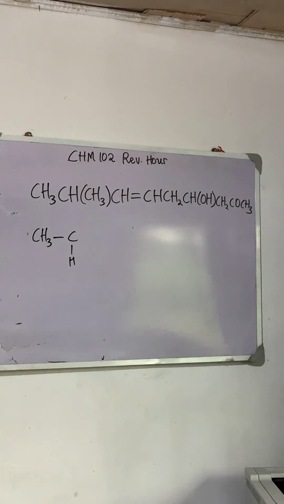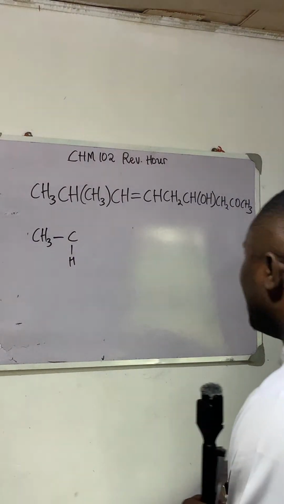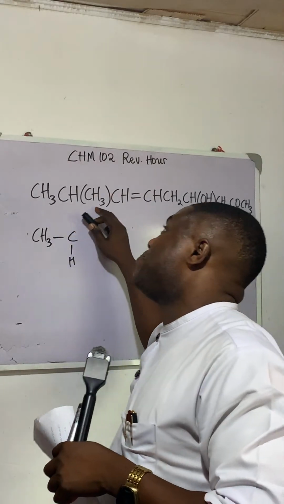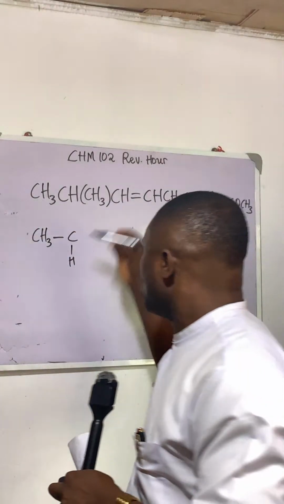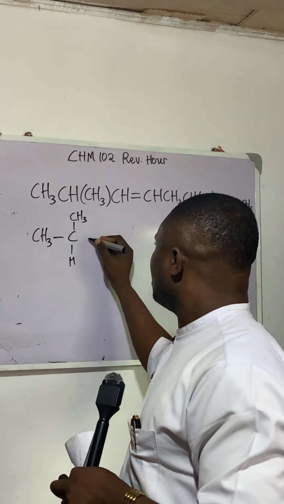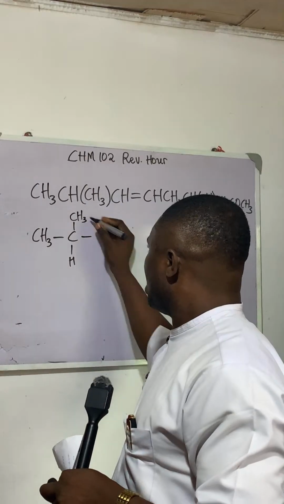Every intermediate carbon has two hydrogen attachments. I hope you are taking note of this. So this is just one of the hydrogens, while the second hydrogen has been replaced by a methyl group. So I will put CH3 here. Take note.